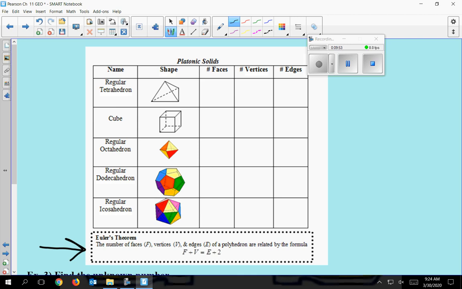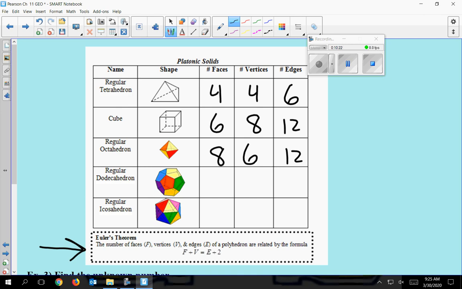So the tetrahedron has 4 faces, 4 vertices, and that creates 6 edges. For a cube, I have 6 faces, 8 vertices, and that will get me 12 edges.